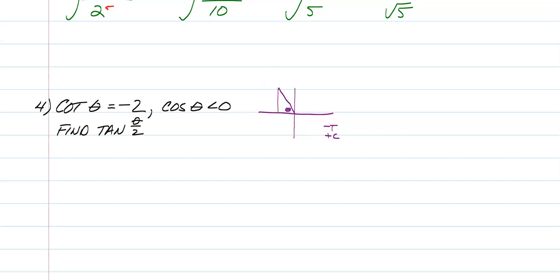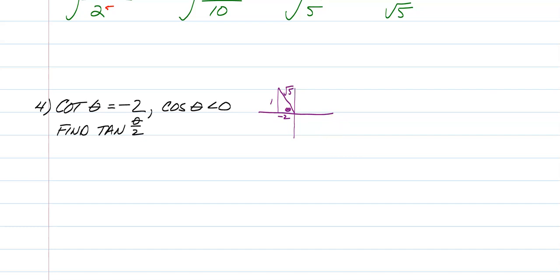And tangent, as we know, is opposite over adjacent, which means cotangent is adjacent over the opposite. So we have a -2 over 1 here for our first part of the problem. Pythagorean Theorem, a squared plus b squared, 1 plus 4 is the square root of 5. And now we know what our hypotenuse is. So you have to think that this is the full angle.